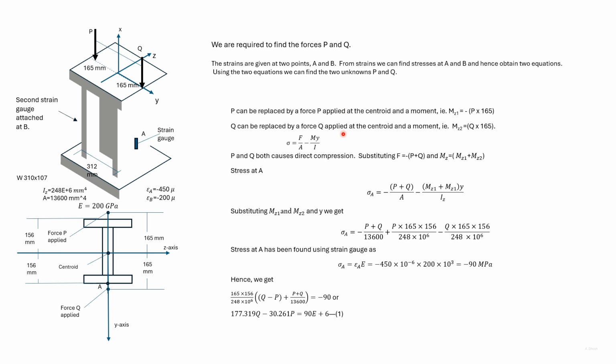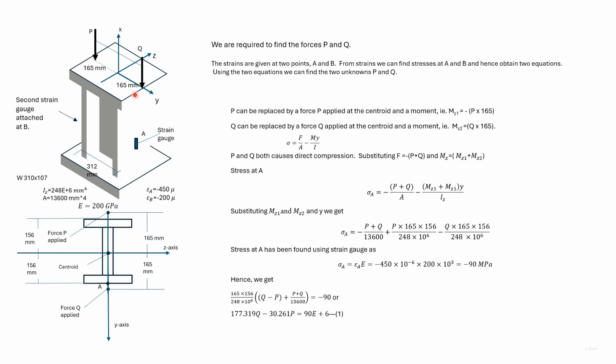Earlier we have given the formula for stress for both force and moment acting by this expression. Here we have replaced P by F since P is part of the problem here.